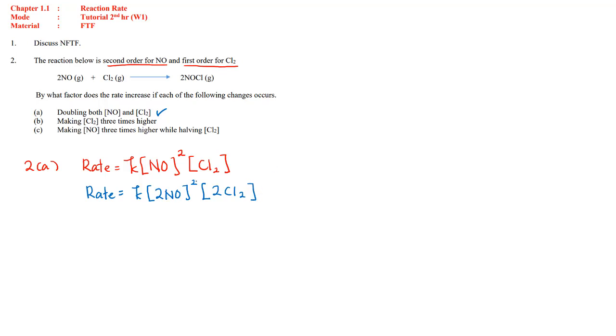Alright, okay, so 2 power of 2 is equal to 4, right? And 2 power of 1 kat sini tak payahlah, kita dah jelas. So 2 kuasa 2 4, 4 kali 2 8. So you can see here 8K times concentration of NO power of 2 times concentration of chlorine.